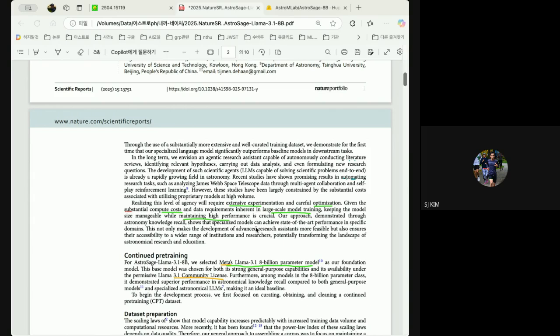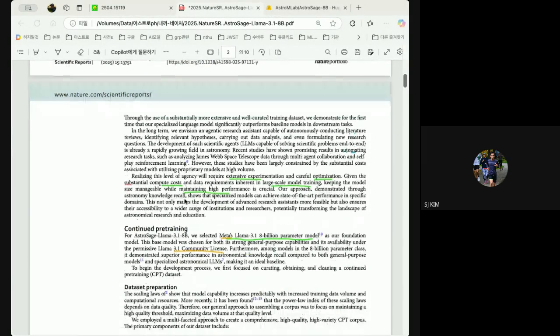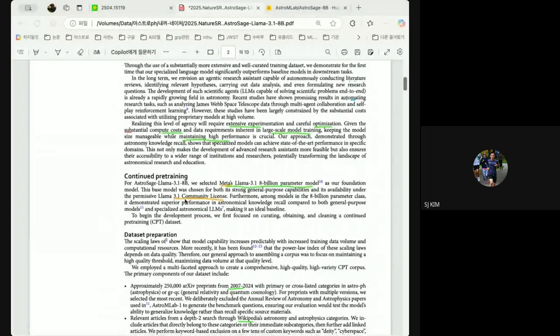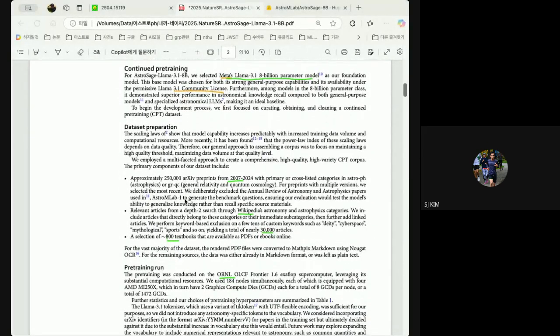You have to keep the model size manageable, and at the same time, you have to maintain high performance. So in this work, they used a base model and astronomy data, and then they clean the data and fine-tune. This is the main procedure.